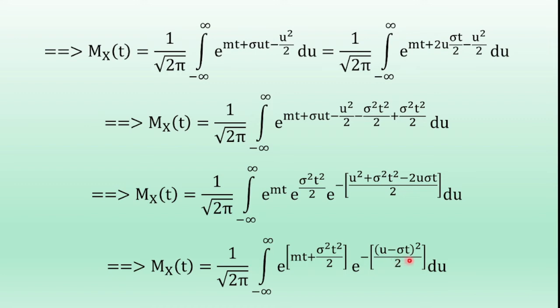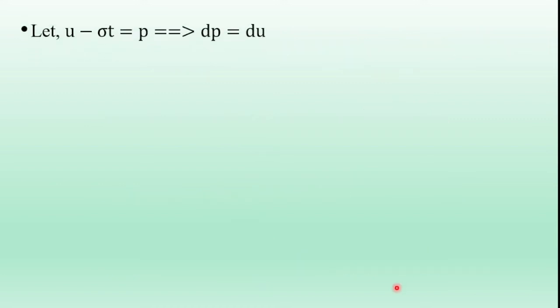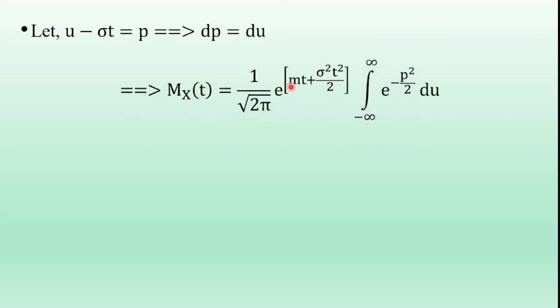Let u minus sigma t be considered as p. So differentiating with respect to p, du is equal to dp. So therefore M_X(t) is equal to 1 by square root of 2 pi, e power mt plus sigma square t square by 2, into the integral from minus infinity to infinity e power minus p square by 2 dp.